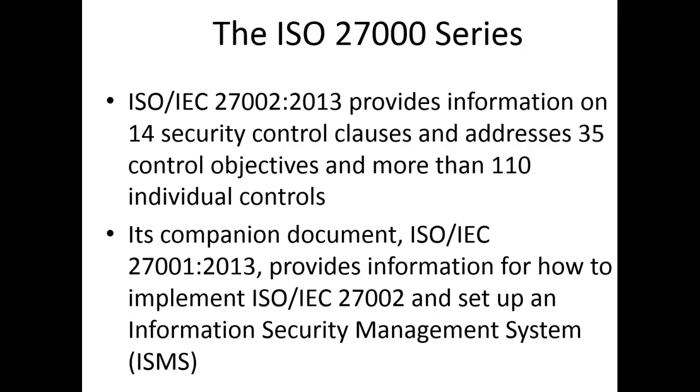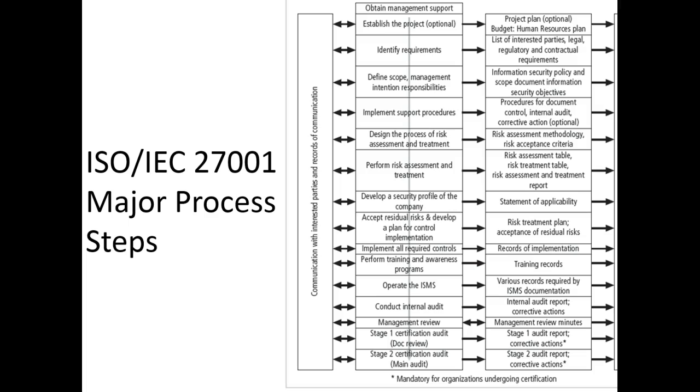Its companion document is ISO 27001, which provides information on how to implement and set up an information security management system. Here you can see the major steps of ISO 27001 and also the deliverables in each step.